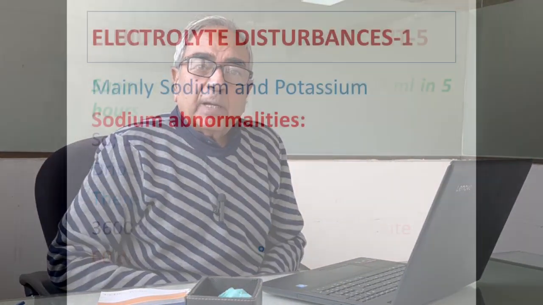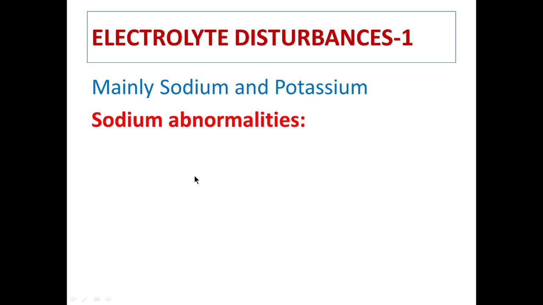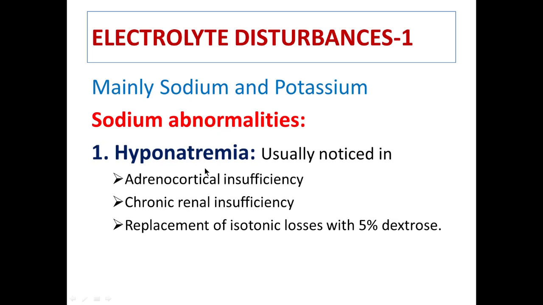As far as electrolyte disturbances are concerned, normally in the body we see potassium and sodium abnormalities. Potassium abnormalities may be hypokalemia or hyperkalemia, and the sodium abnormalities may be hypernatremia or hyponatremia.